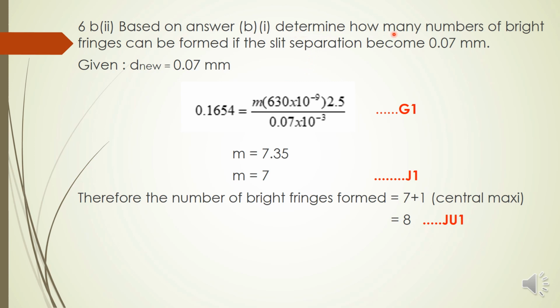Okay, how many bright fringes can be formed? At the same distance, how many bright fringes can be seen if the slit separation is changed to 0.07 millimeter. So we will use the bright fringe formula Y equals m lambda D over small d.